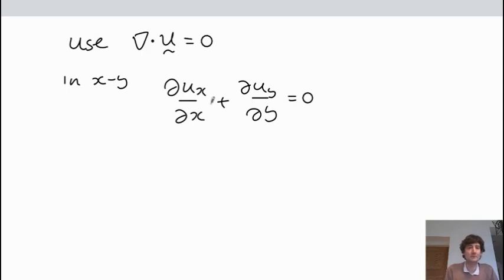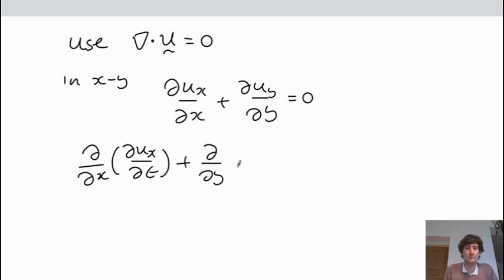So we differentiate this in time. So d by dx of dux by dt plus d by dy of duy by dt is 0. Derivatives in time and x, or time and y commute, so just move them through.